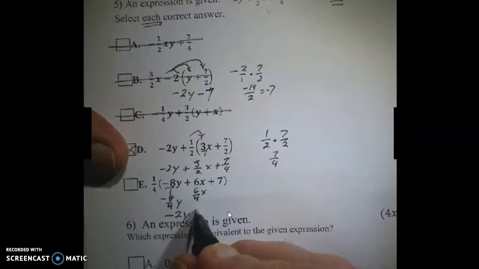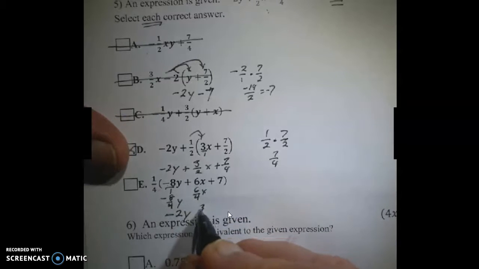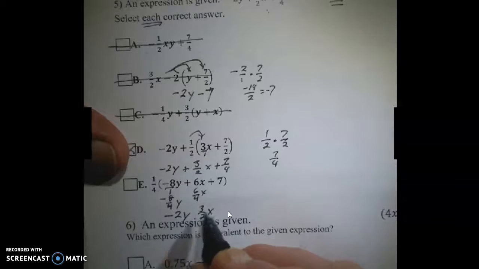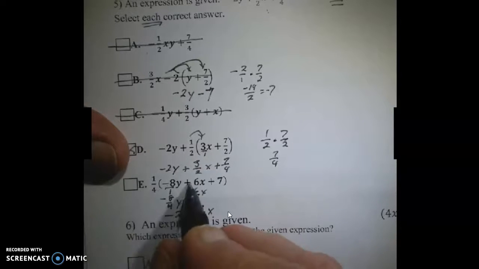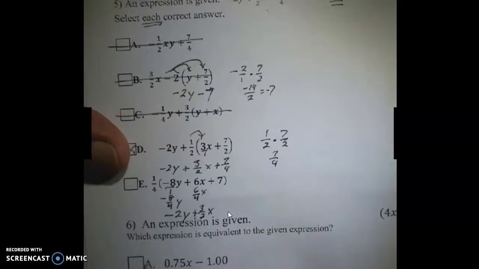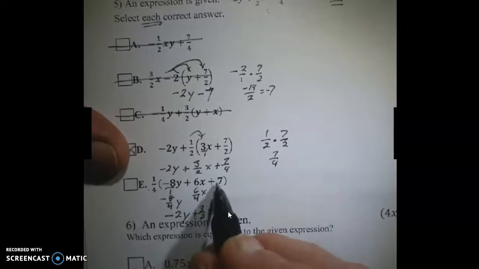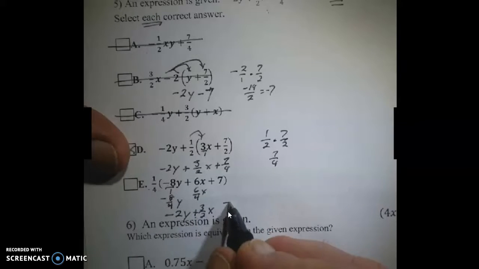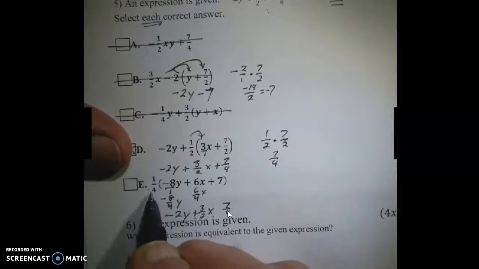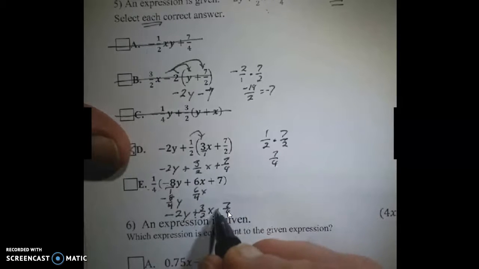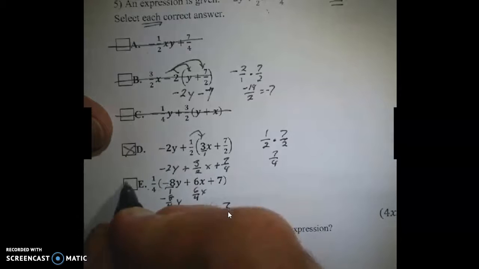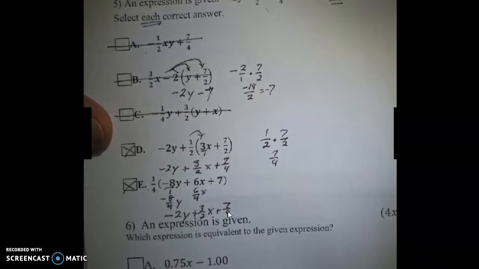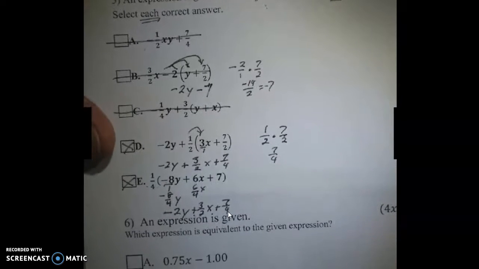That reduces to 3/2 x, a positive times a positive, so that's a positive 3/2. And then 1/4 times 7 is 7 fourths, again a positive. That matches. Yes, that is the other correct answer. D and E are the correct answers to this problem.